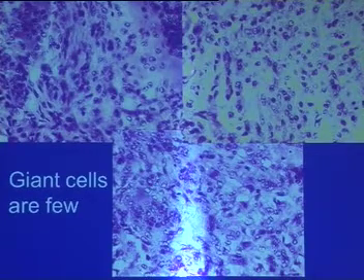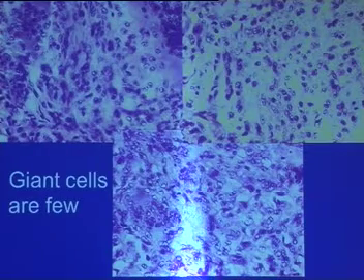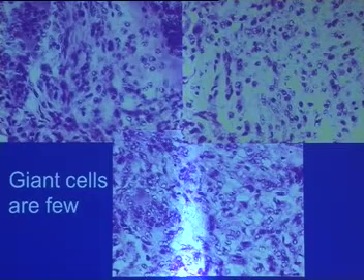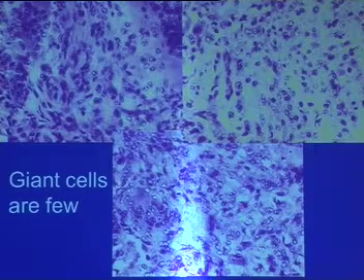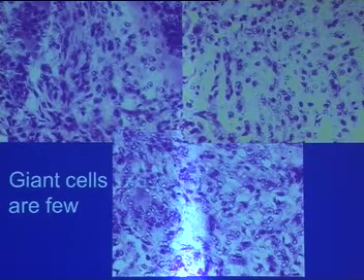And sometimes the cells don't look all that spindly, and they look a little rounded. And giant cell tumor, for some reason they say, is more common in Asian countries, and I don't know what the reasons are, and this has been well documented even in the older literature.